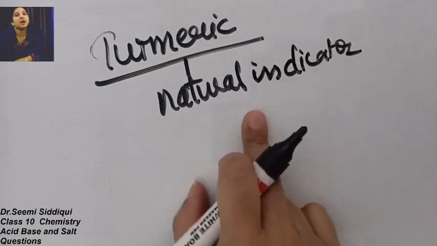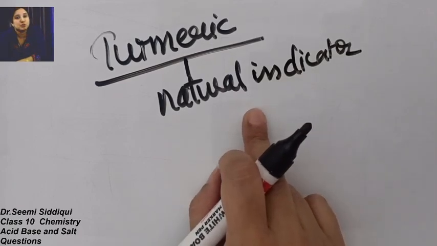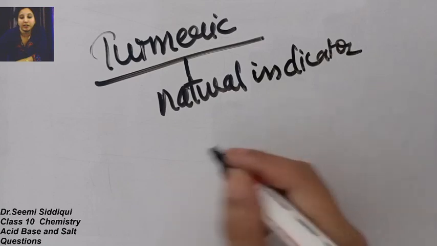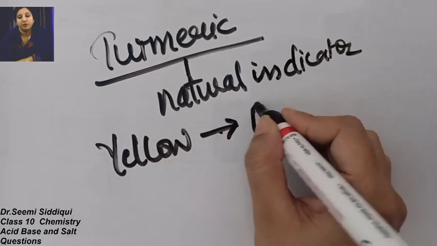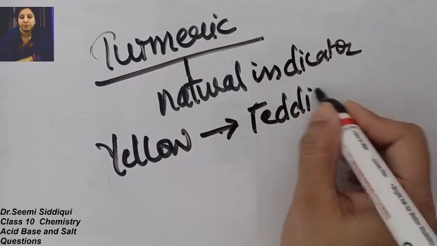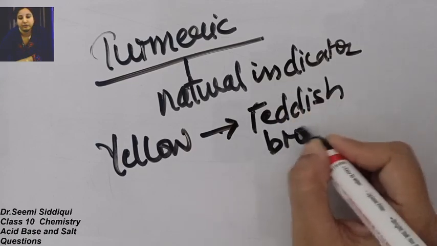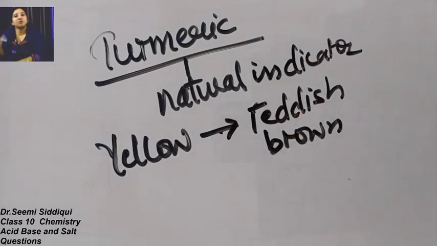As soon as you put the soap, this yellow color will change into a reddish brown color.